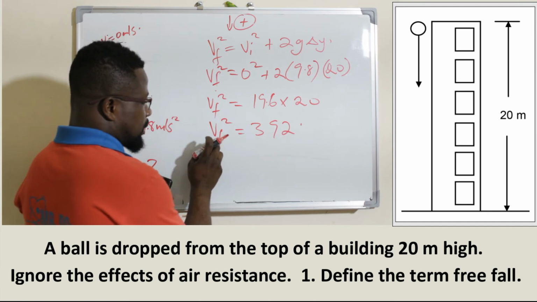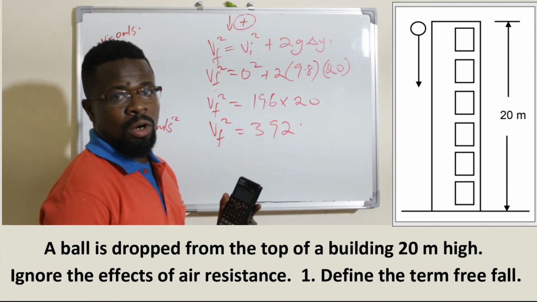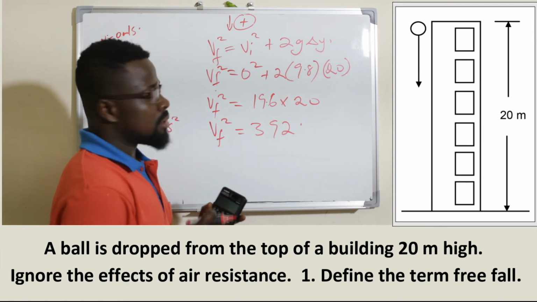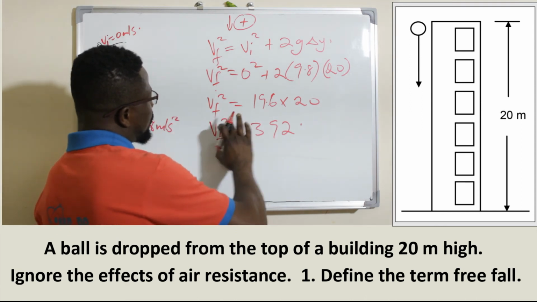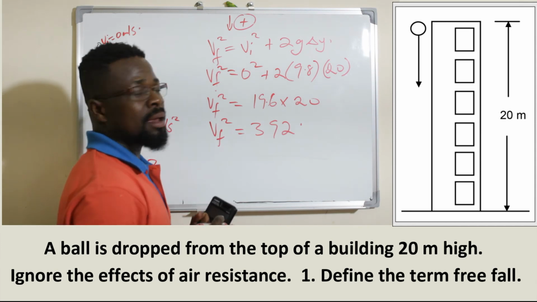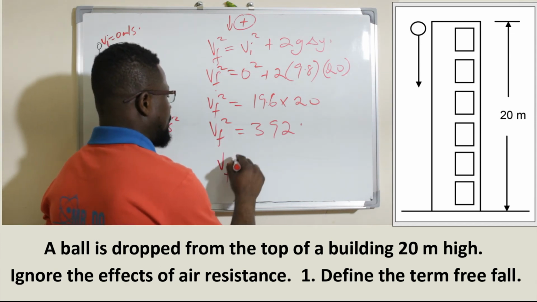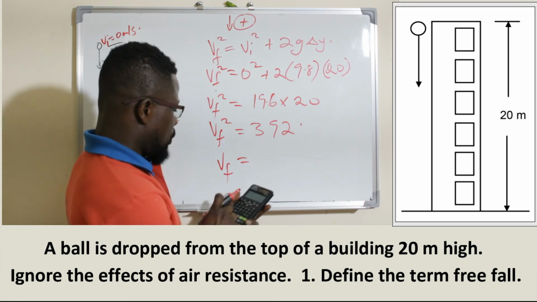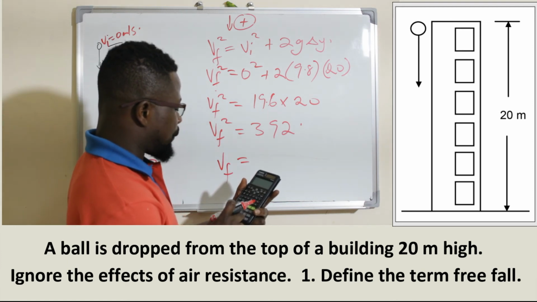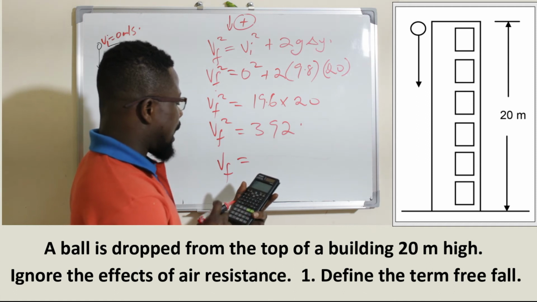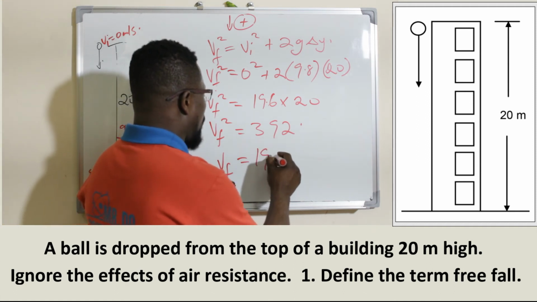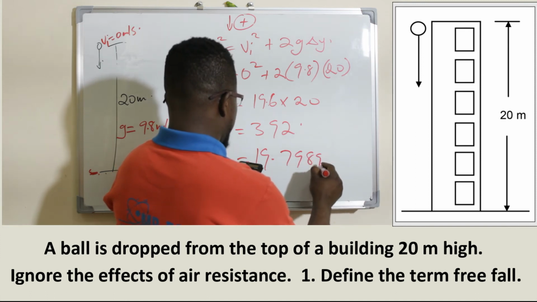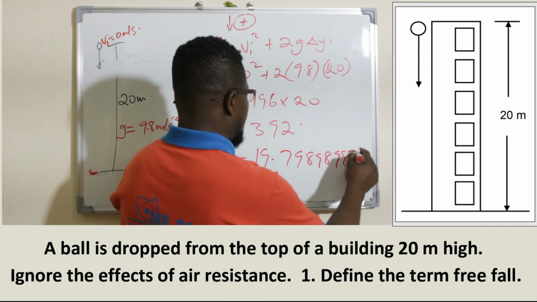And what I want is Vf. So what do I do? I take the square root of each side. Here, if I take the square root, it is going to take care of the square, and then I'll be left with what? Vf. And if I take the square root of 392, what I am getting is 19.79898987.